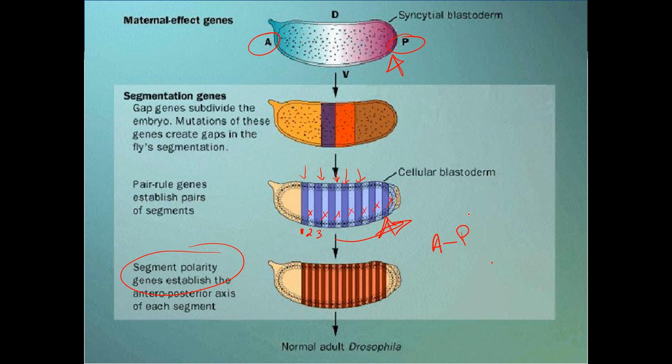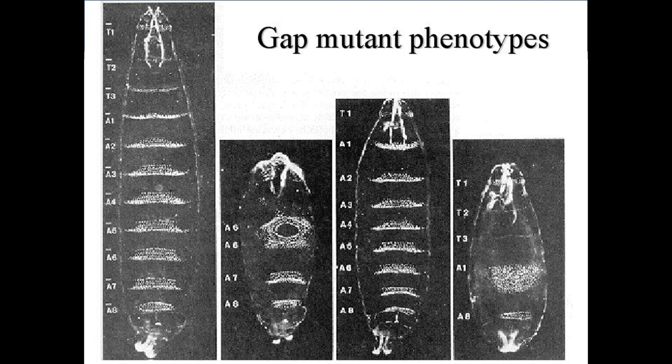So these genes, these segmentation genes, are responsible for dividing the blastoderm up into various segments. This is what the larvae looks like when it's normal. There are 14 different segments.